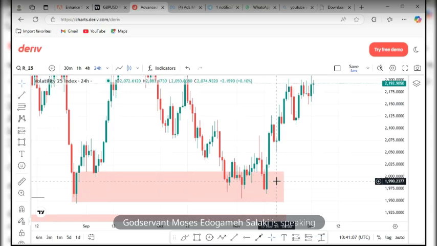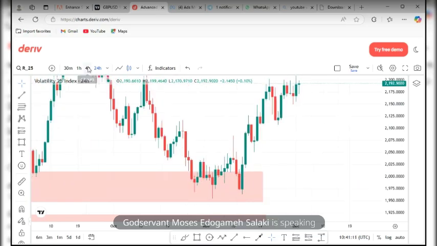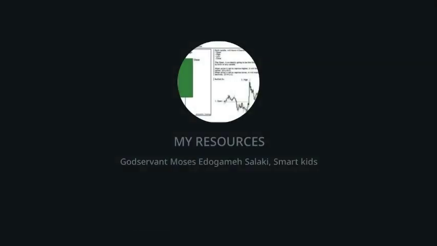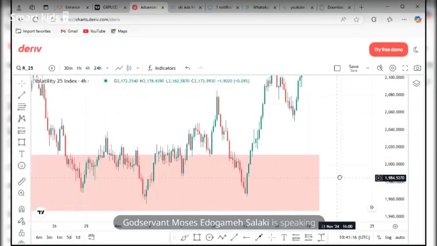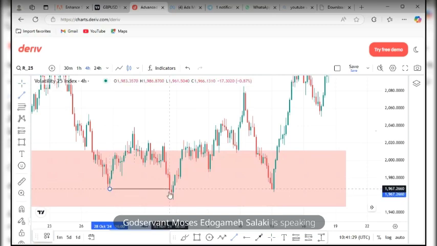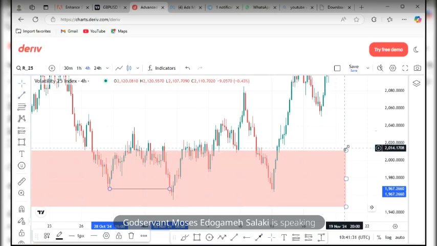So let's see 4 hours at this zone and see what happened on 4 hours at this zone. Then I'll show you the trade we took last week. So price gave us this leg here, created this high, and you can see this side was a valid zone because price took out this liquidity. So this becomes a valid zone. So I'll ignore all of that.